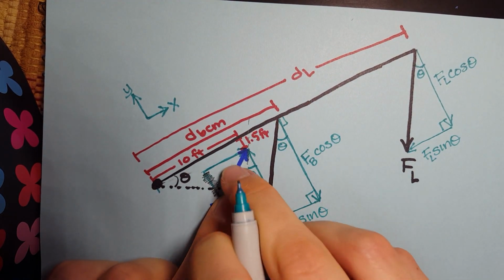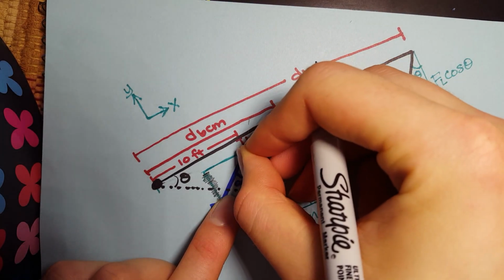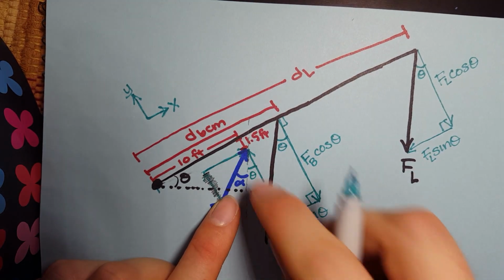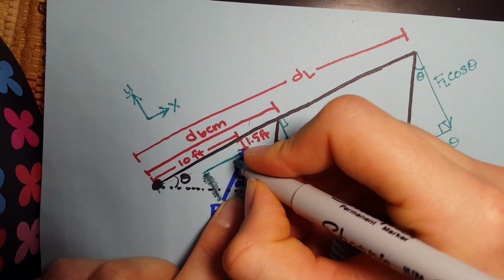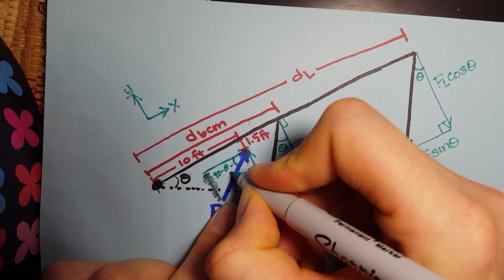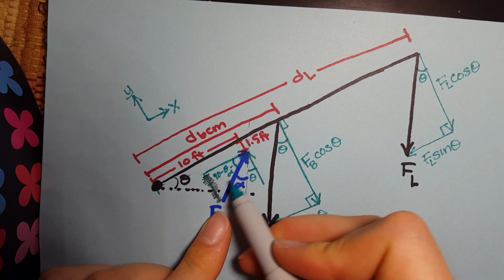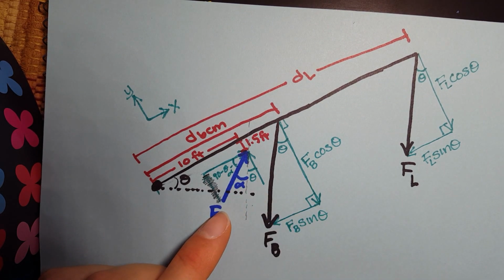So we actually know what this angle is right here because this is perpendicular, that's parallel, so this whole angle right there is going to be 90 degrees. So we know that right here is going to be 90 minus theta minus alpha. So that is our angle that we're dealing with now.